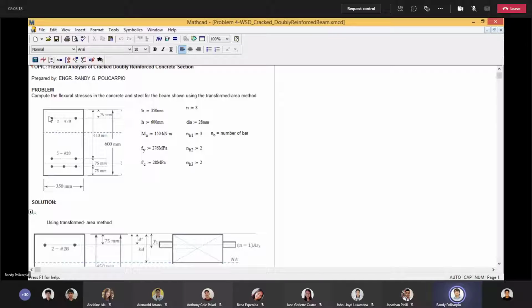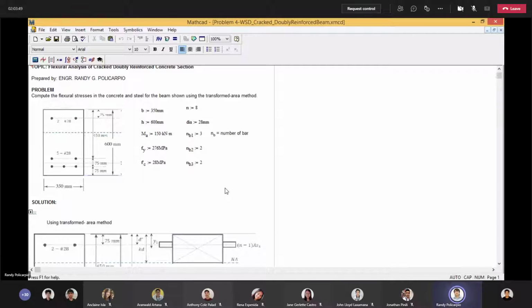Now for the compression reinforcement, we have 2 number 28. So this is the dimension of our beam, no? Then given already here yung ating modular ratio, number 8.